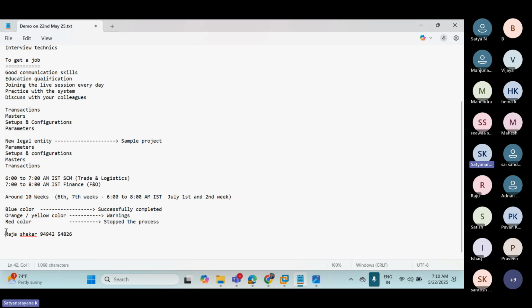And for installation, if you want to install in your system, you can approach an installation person like Rajashekar. His number is 94942 548. He will install, and he will charge money. For that, you need to pay money. You can call that person and discuss with him the terms and conditions, how long it will take and all those things.